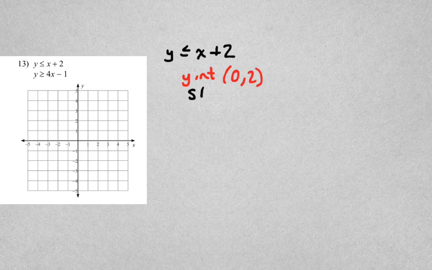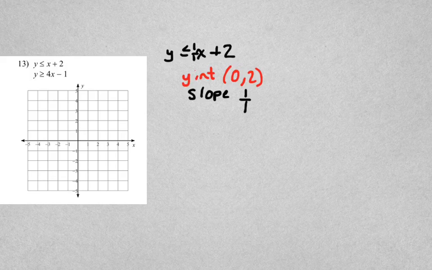Now we have two that we need to figure out. So let's take the first one. Y is less than or equal to 2x plus 2. My y-intercept on this one is 0, 2. My slope is 1 over 1, because there's no number here, so I understood that it's going to be a 1 over 1.